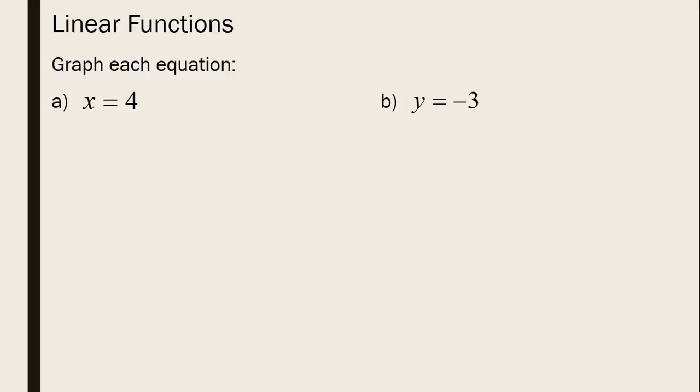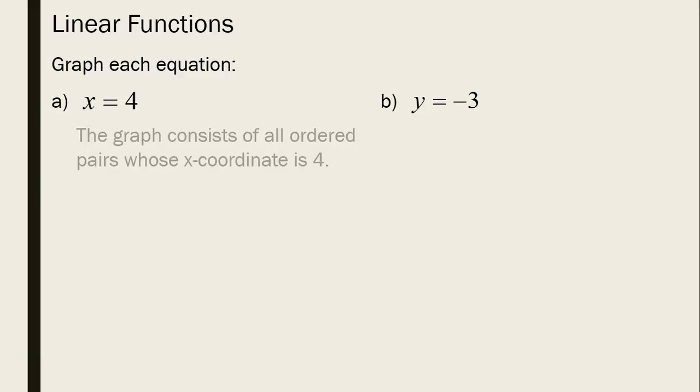Now there's two special cases for lines, and those are equations that have only one variable in them, either just the x or just the y. Let's take a look at x equals 4. X equals 4 is a graph that has ordered pairs with x coordinates that are all 4.